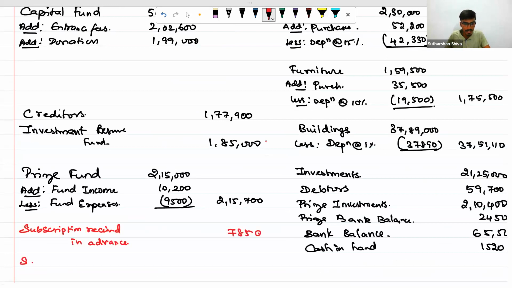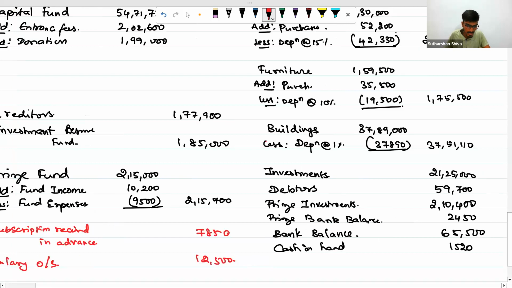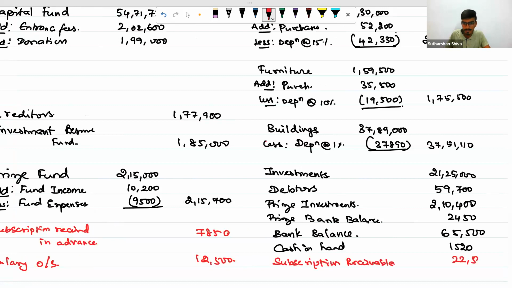Then salary outstanding is 12,500. Then here I will write subscription receivable, sorry, subscription receivable means subscription outstanding. It will be 22,500.